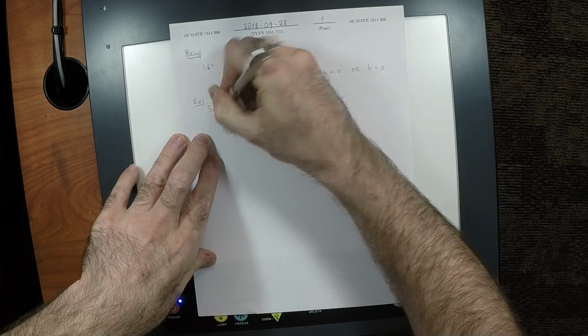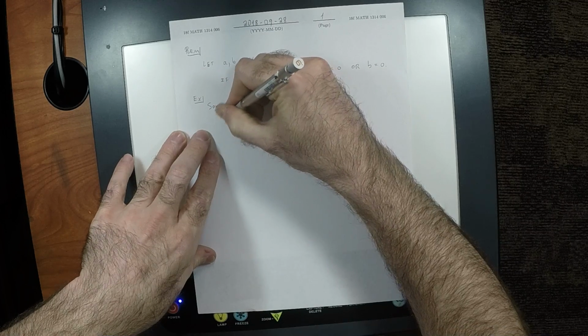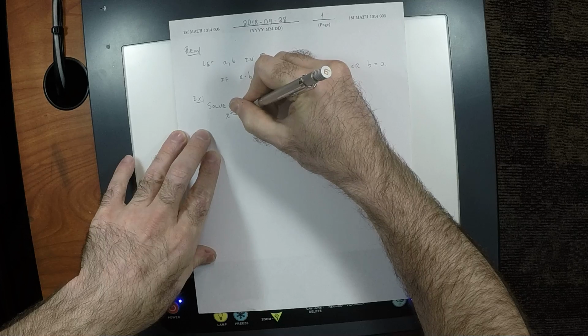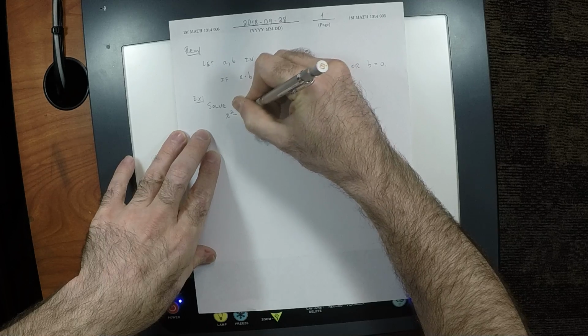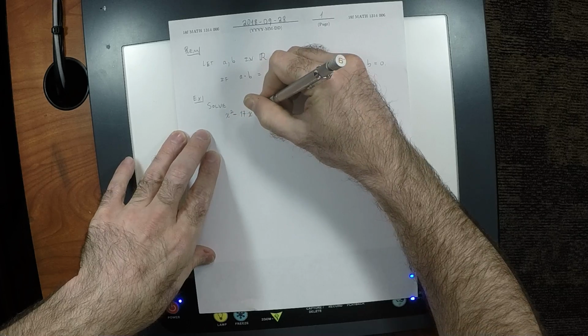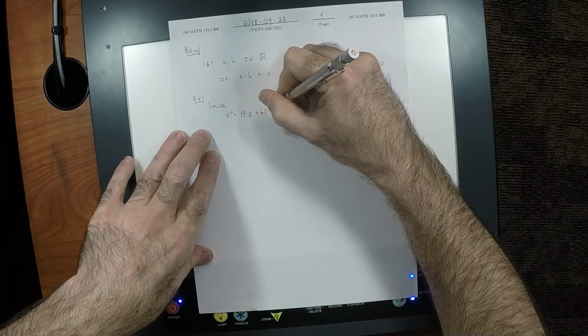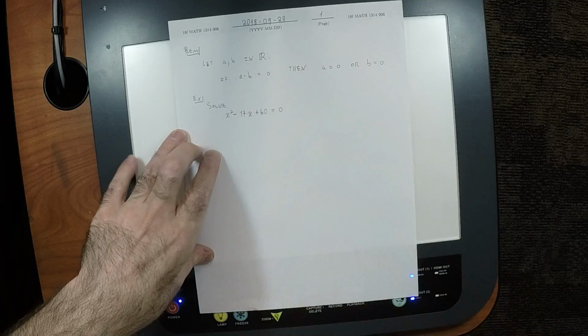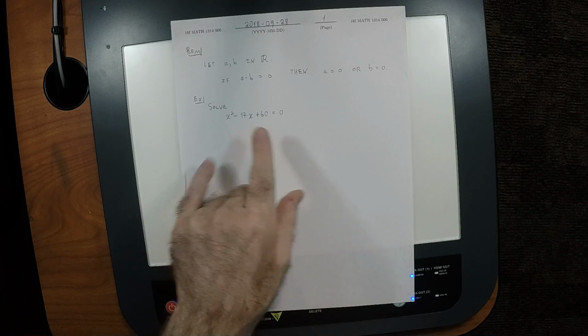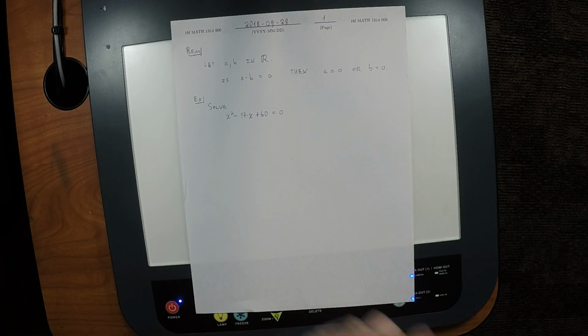So the place where this comes up is something like this. Say, solve x squared minus, say, 17x plus 60 equal to 0. Which is to say, we want to find all the x's, so that when you plug in that x, the equation is true.